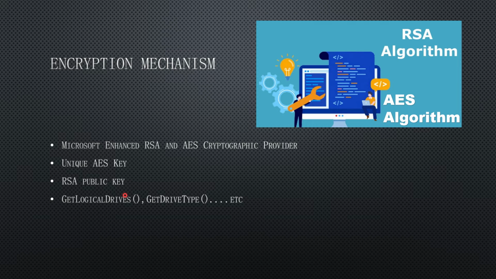The malware begins the encryption process by using the GetLogicalDrives API call to enumerate the disks on the system that have been assigned a drive letter. In the earlier versions of Cryptolocker samples, the GetDriveType API call then determines if the drives are local fixed disks or network drives.